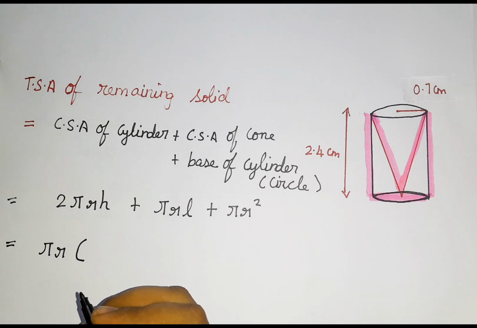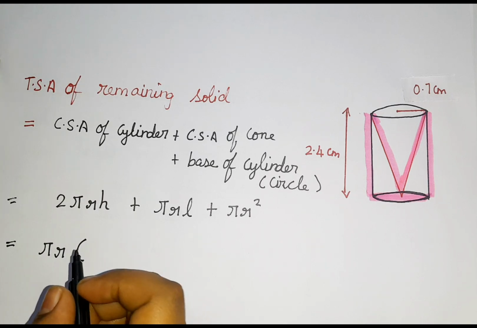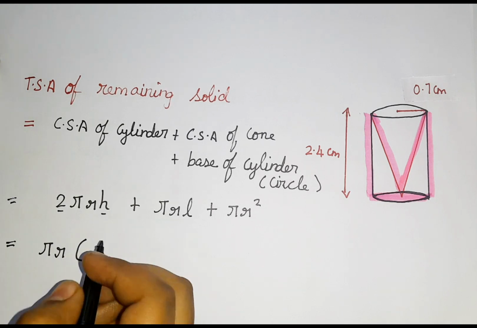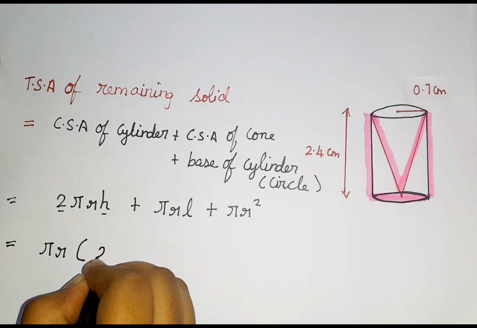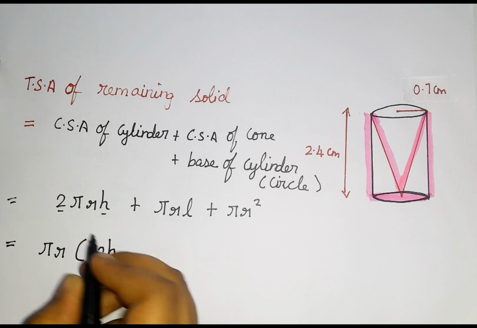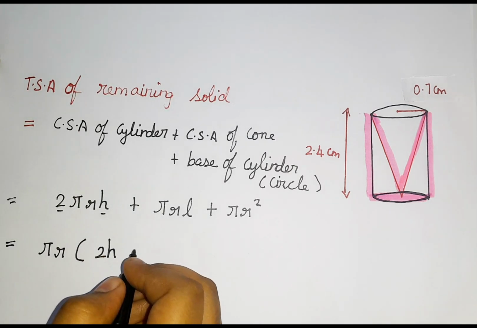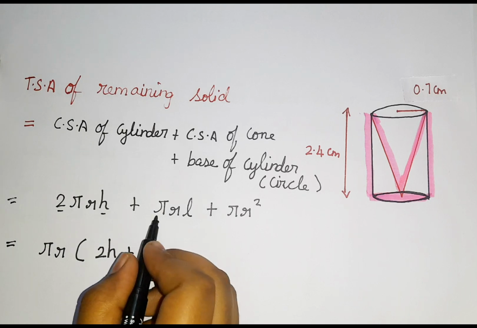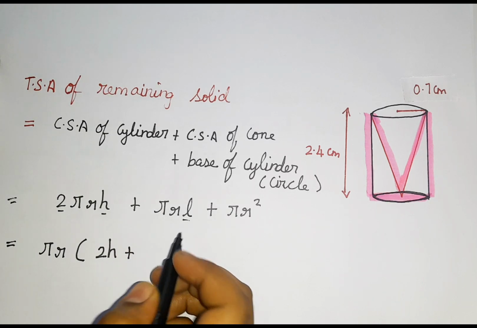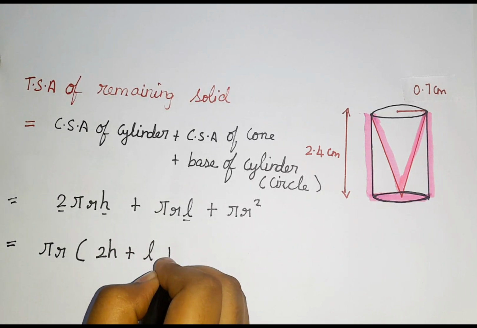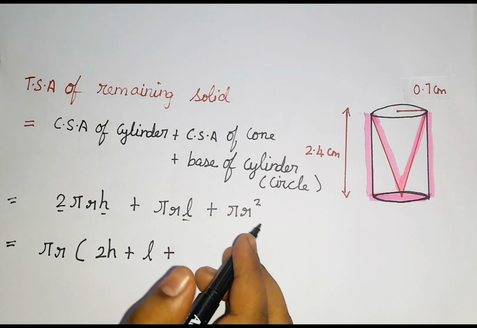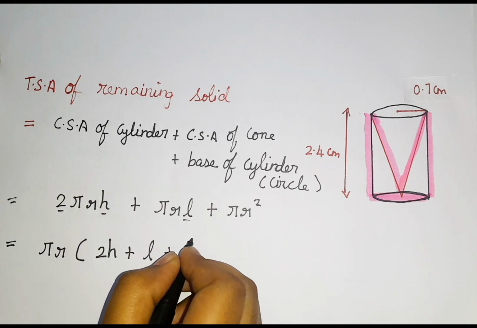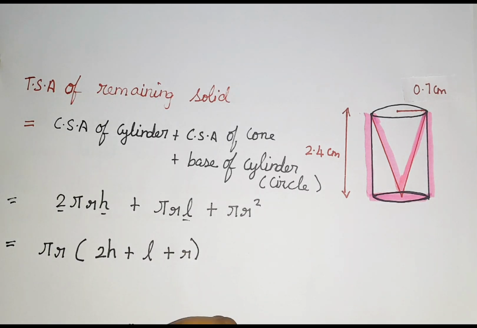Now let us put the bracket. Here we can't take 2 or h as common, because we didn't have anything common, so let us write 2h as it is, and then plus. Here we took these both as common, so let us take L, and then plus, and here we took 1 r as common, so let us write another r. Now let us close the bracket.